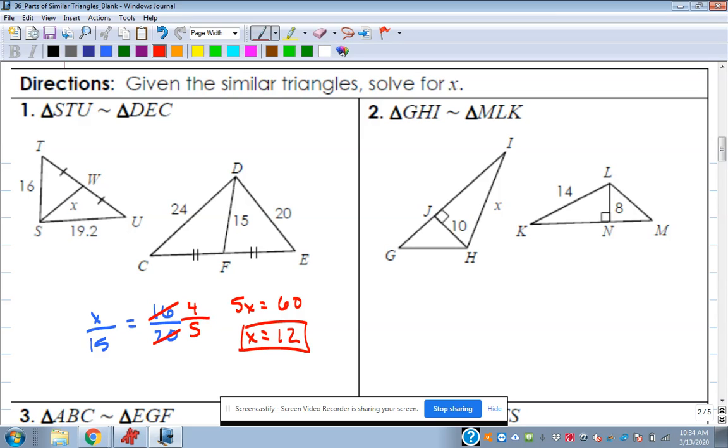So how could we set this one up to find x? 10 over 8 equals X over 14, because side HI goes with side LK. So that works. Simplify to 5 over 4, and then 70 equals 4x. So x is 35 over 2, or 17.5.